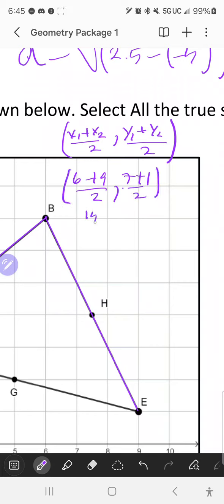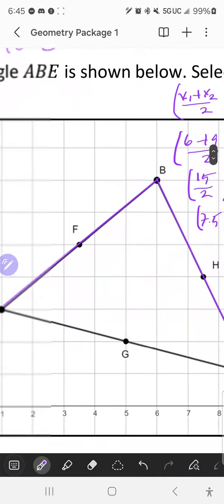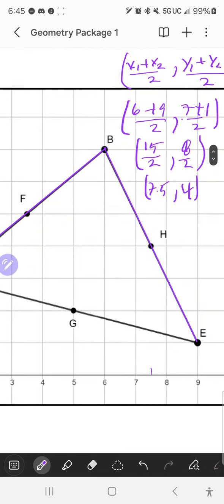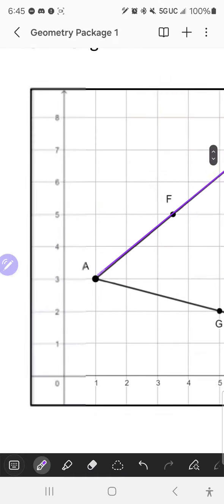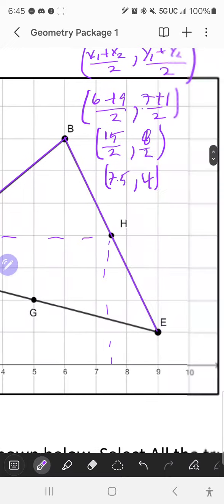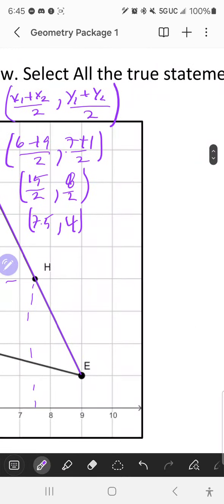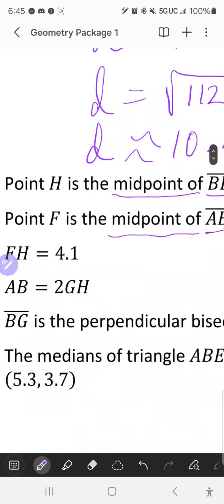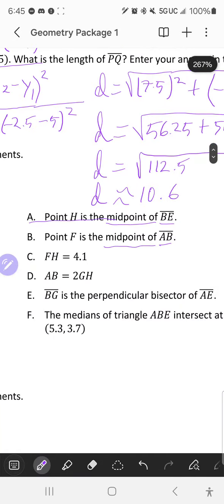And this is 15 divided by 2, comma, 8 divided by 2. So this is 7.5, comma, 4. And we see that 7.5 is approximately here, and 4 is here. So H is indeed the midpoint of BE.